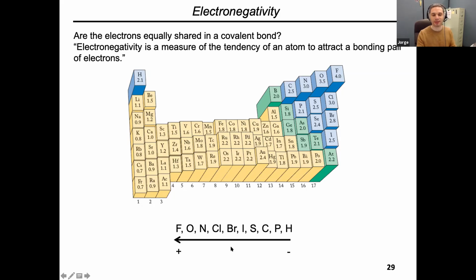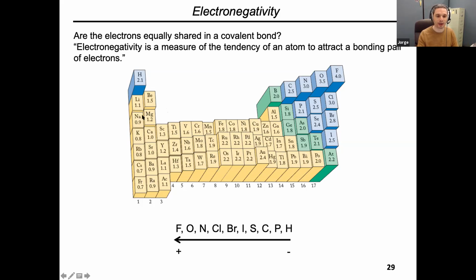The higher the electronegativity, the higher the ability to attract electrons closer to the atom. And that's the order of higher electronegativity towards lower electronegativity. Fluorine at the top, the most electronegative atom, and here at the end of the spectrum, hydrogen, one of the lowest electronegative atoms.